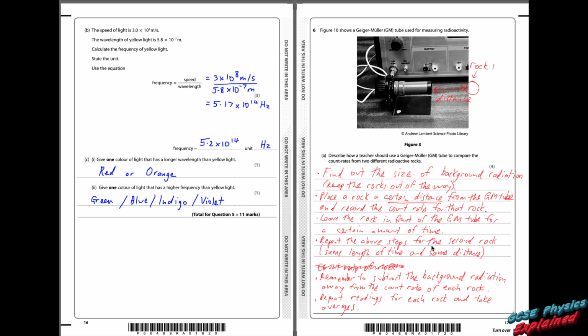Then repeat the above steps for the second rock and make sure that you tell the examiner that you're going to keep the rocks there for the same length of time and at the same distance away from the Geiger-Müller tube. Now remember to subtract the background radiation away from the count rate of each rock to get the count rate of the rock, and repeat the readings for each rock and take averages.